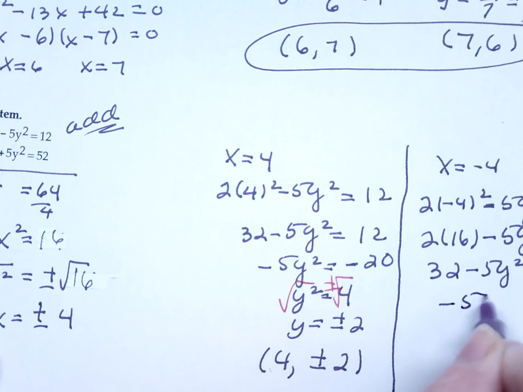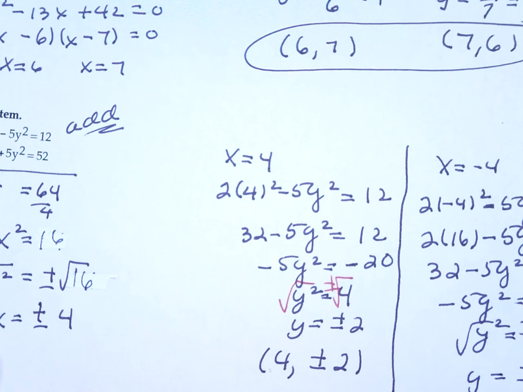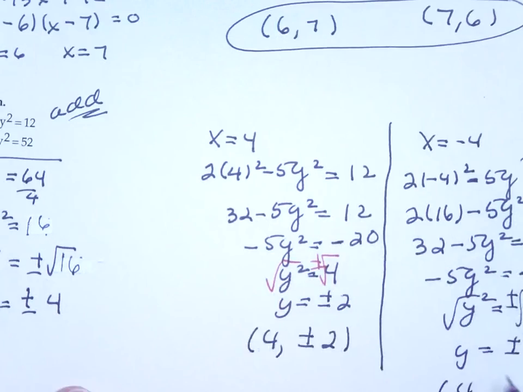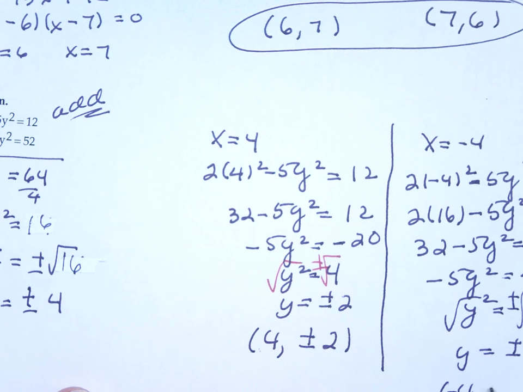Minus 5y squared equals minus 20. Y squared equals positive 4. Square root both sides. Don't forget the plus or minus. Y is plus or minus 2, so it's negative 4, plus or minus 2.